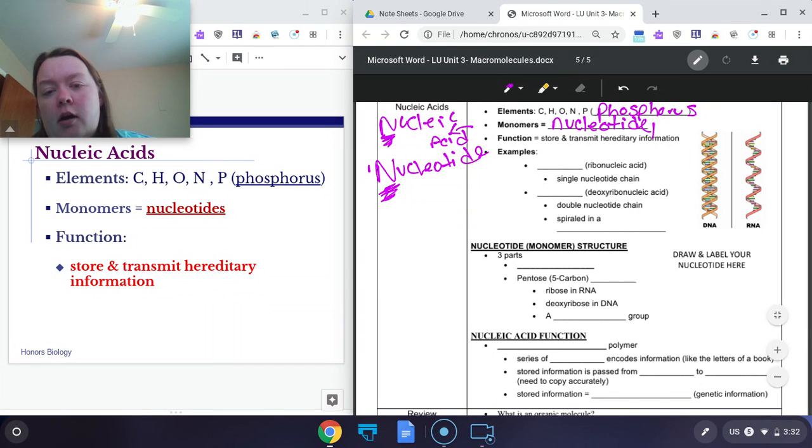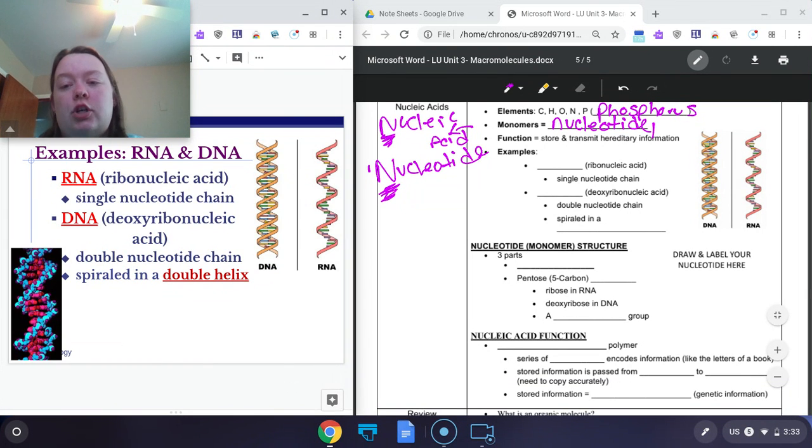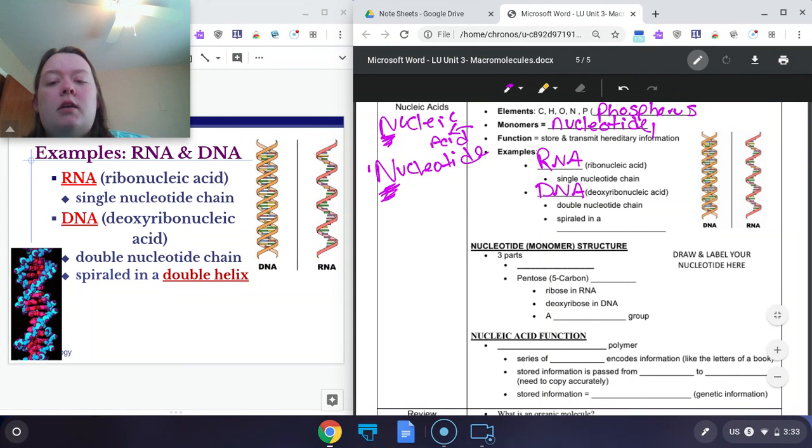The function of a nucleotide is to store and transmit hereditary information. So the passing on of traits from one generation to the next. And this happens through two molecules, RNA and DNA. And with RNA and DNA, the N and the A stand for nucleic acid.